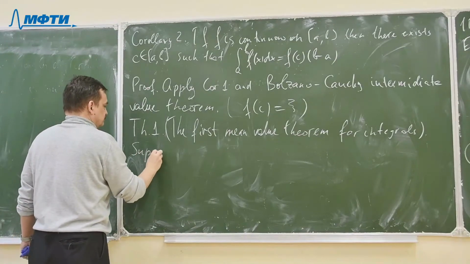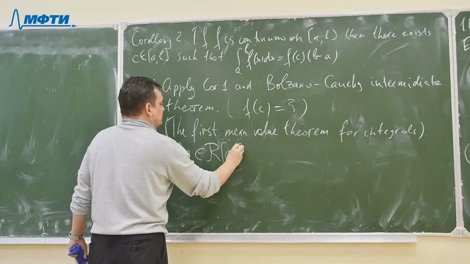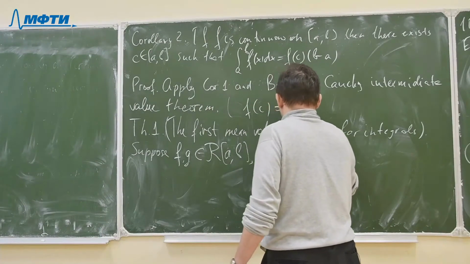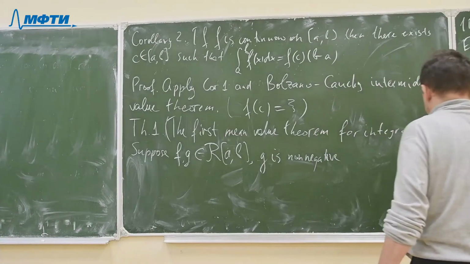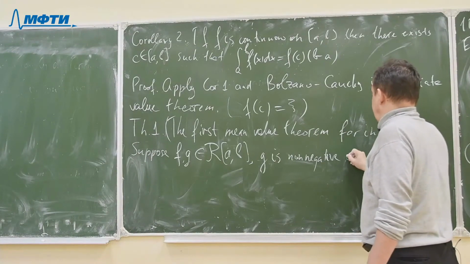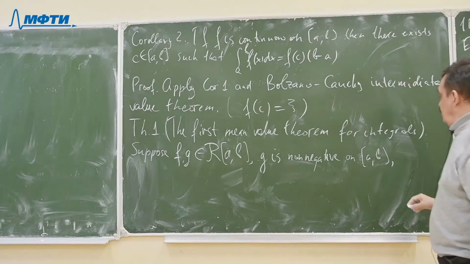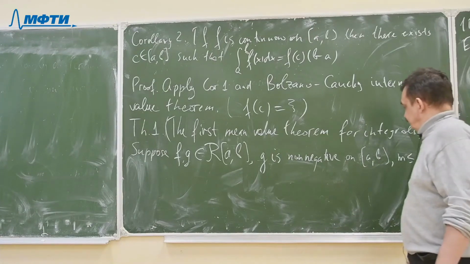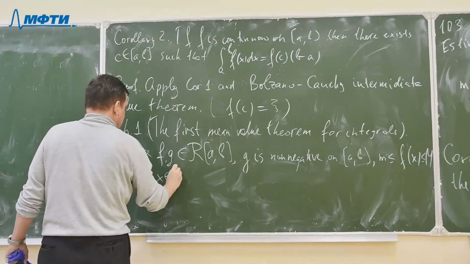Suppose f, g are integrable on AB. g is non-negative on AB, and m less or equal f of x less or equal capital M for all x in AB.